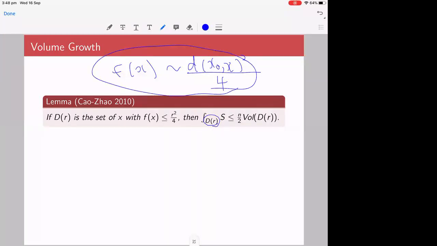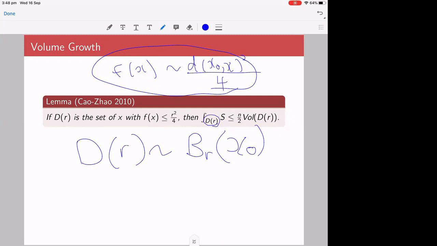This bound essentially tells us that for really, really large r, D_r is basically equivalent to the ball of radius r centered at x naught. This is true for large r. So this is why this is handy.